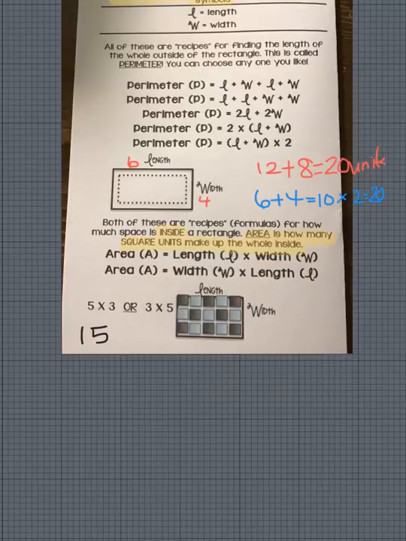But it's not just 15 units, it's 15 units squared, because each one of those is a unit squared. So it is unit with a little number 2 up there, because each one of these squares is 1 unit wide by 1 unit long. So I have 15 of these little squares, and I have to put that little 2 up there because they are square units.